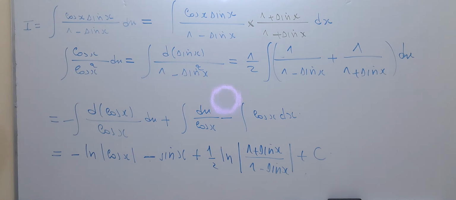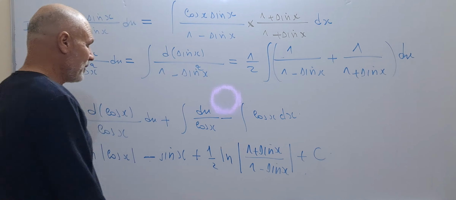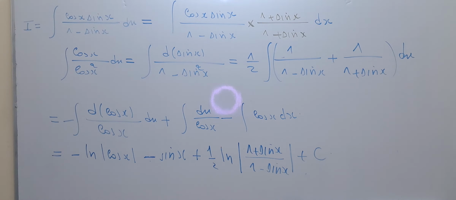You can remark here that we do not have the same form of the primitive. So a function can accept more than one primitive, because we can have different functions with the same derivative.